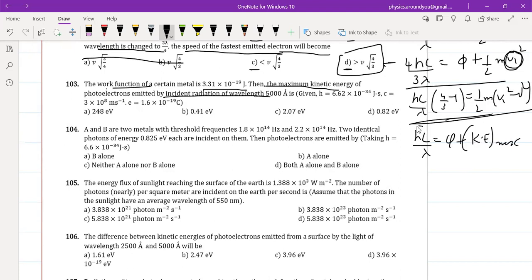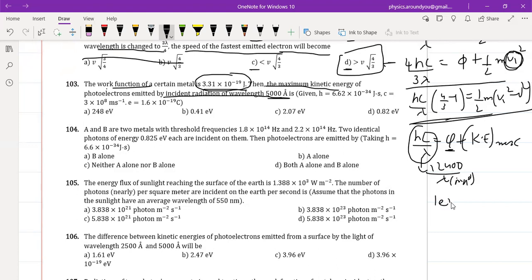I will not use hc by lambda as such, because they have given light of wavelength in angstroms. So I will use the form 12,400 by lambda in angstroms. And phi has to be converted into eV. How do I do it?